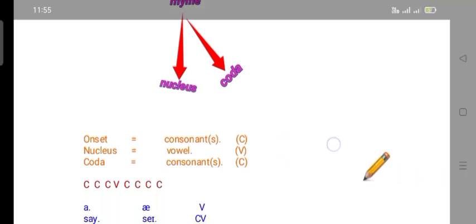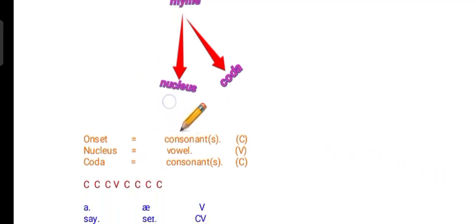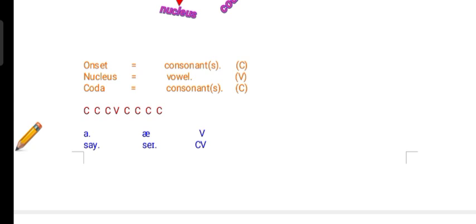Okay, so a possible structure of a syllable can have consonant sounds, vowel sounds, and consonant sounds. The onset of a syllable contains either one consonant sound or more than one consonant sound. The nucleus of a syllable contains a single vowel sound, and the coda of a syllable contains one consonant sound or more than one consonant sound.